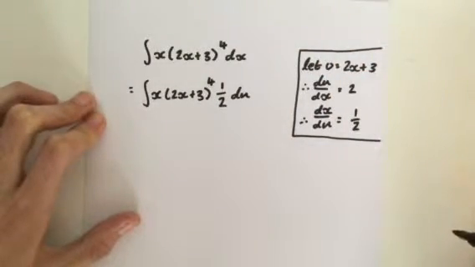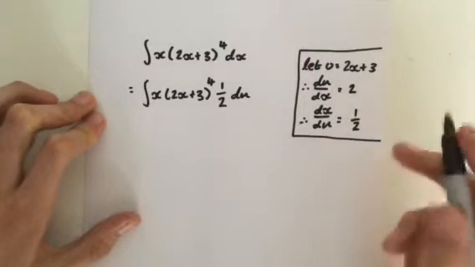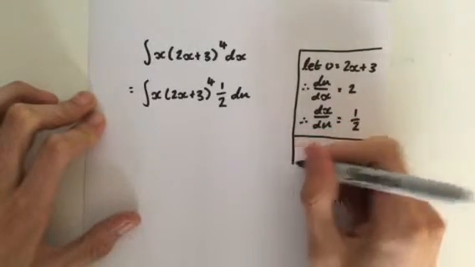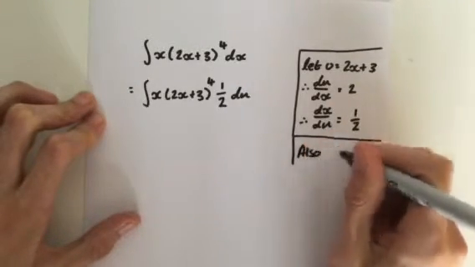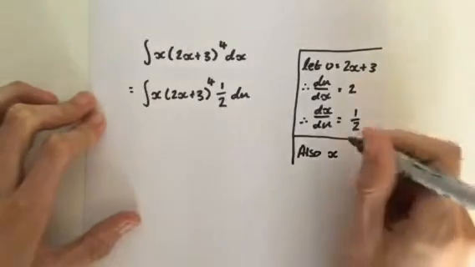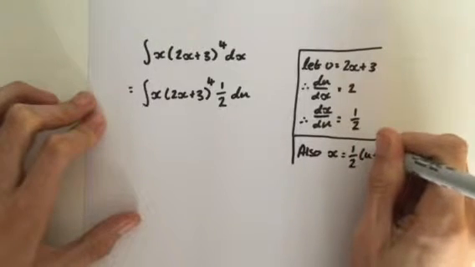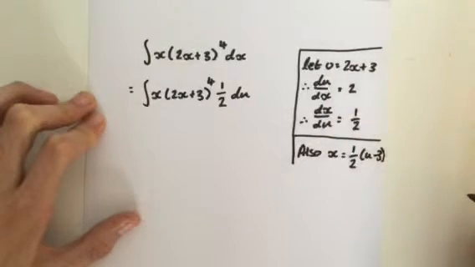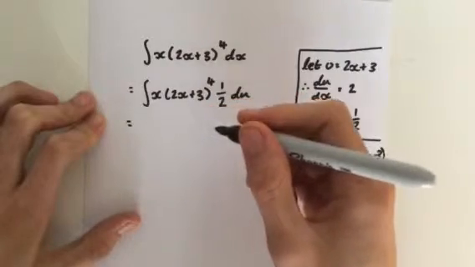Okay, so now what we can do is do something slightly different. We also get, if we rearrange, x is equal to a half (u minus 3). Alright? So this is equal to 1/4.